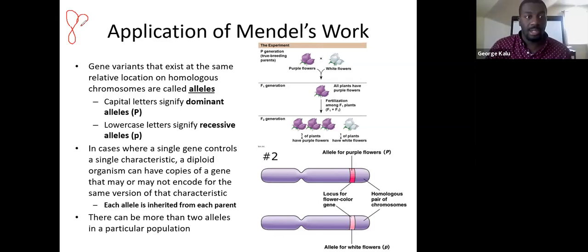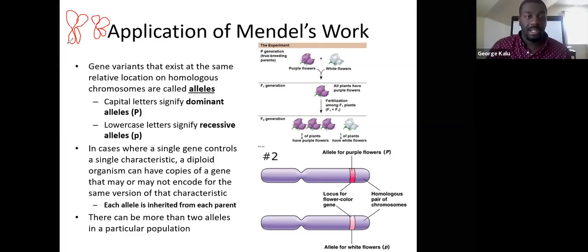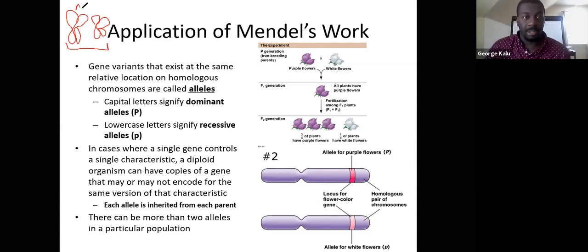Here's one, and then a second set of chromosomes, looking like that. This would be one pair of homologous chromosomes. For each of these homologous chromosomes, one came from mom, so I'll put M over here, and then one of these came from dad.